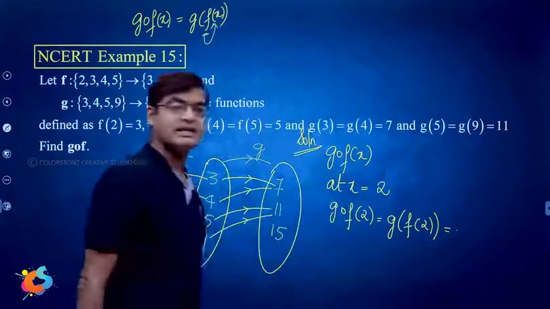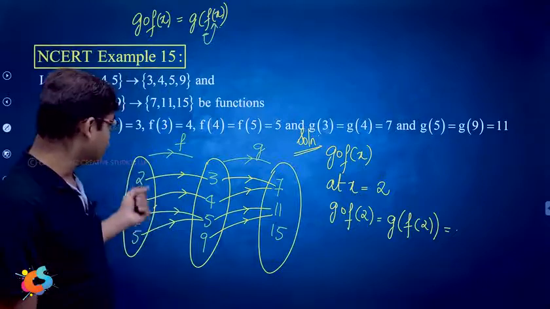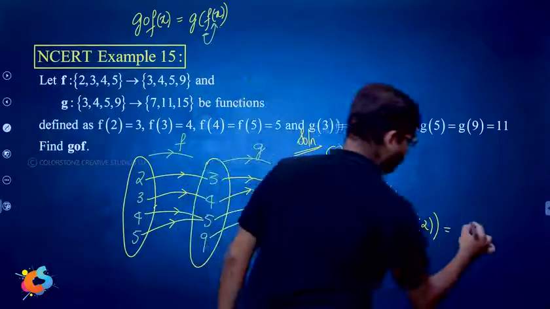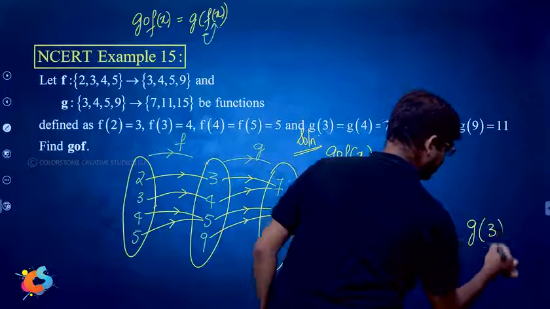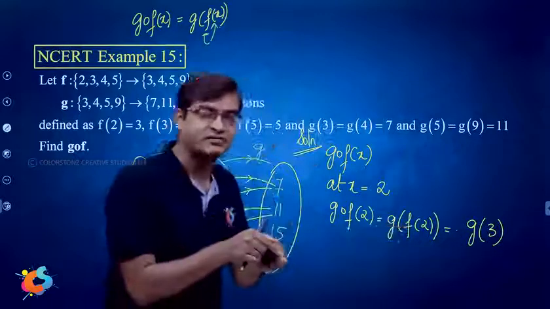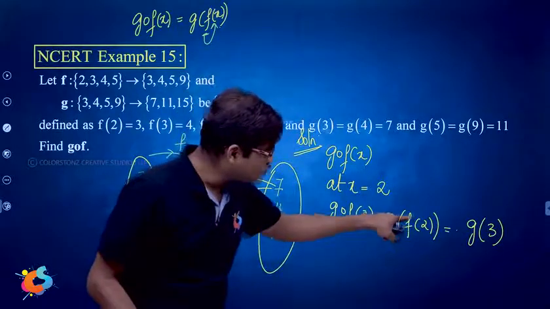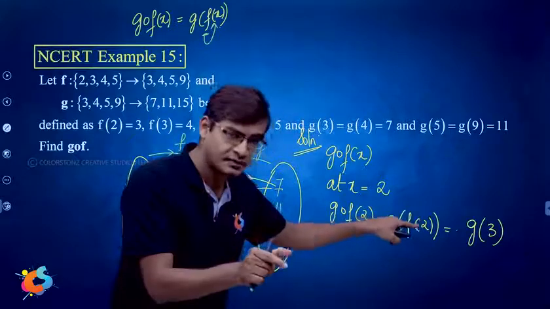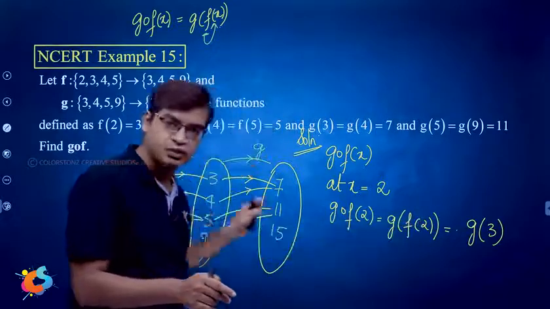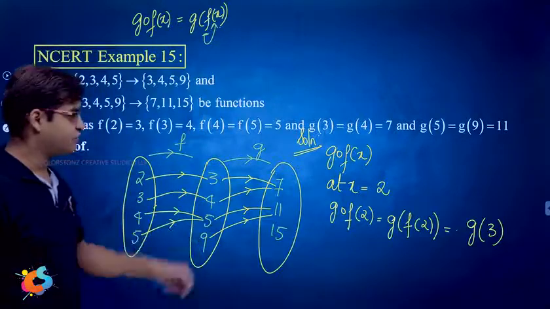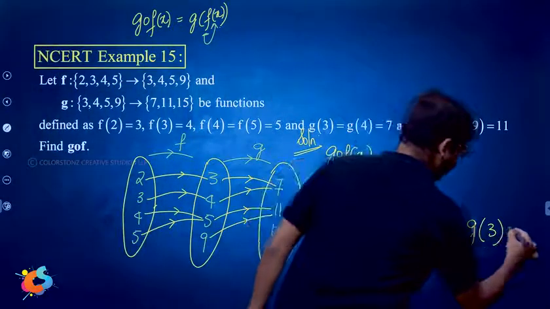Now what is f of 2? F of 2 will be 3. Okay, so always first find the innermost function. First find what is f of 2, the innermost thing, and then from there you keep coming outside. So G of 3 is equal to 7.